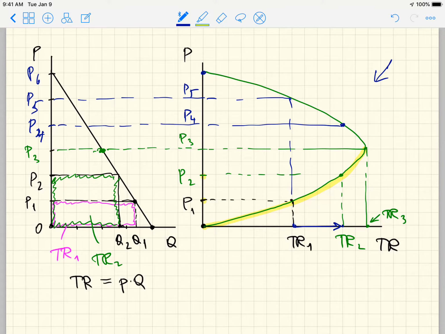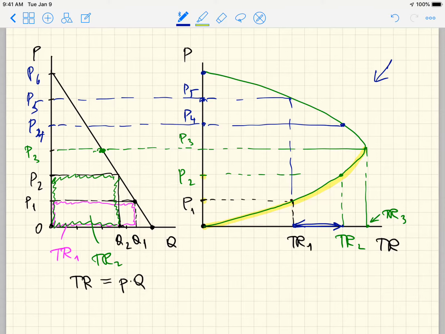But if you're increasing price from P4 to P5, then your total revenue actually drops. In fact, P5 gives us the same total revenue as P1, but simply put, we will go back.